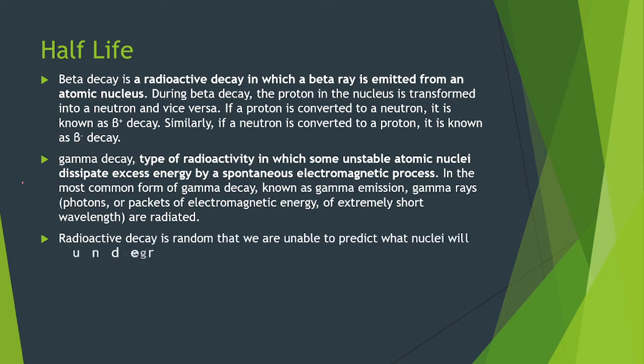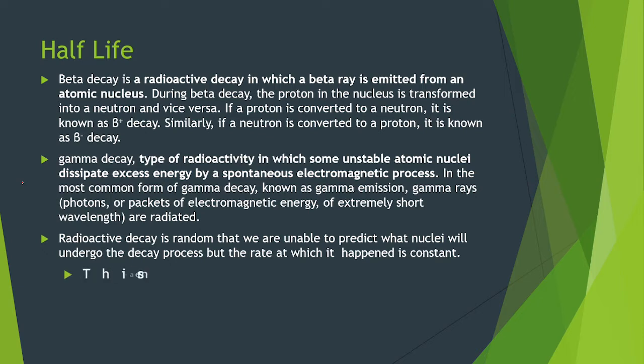Radioactive decay is very random and we are unable to predict which nuclei will undergo the decay process, but the rate at which it happens is nearly constant. So we are able to predict how much of the sample remains after a certain amount of time.